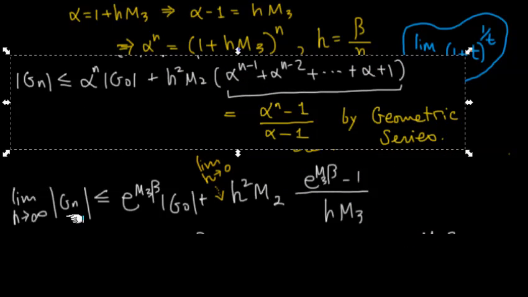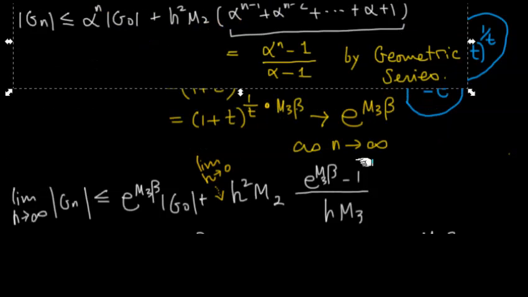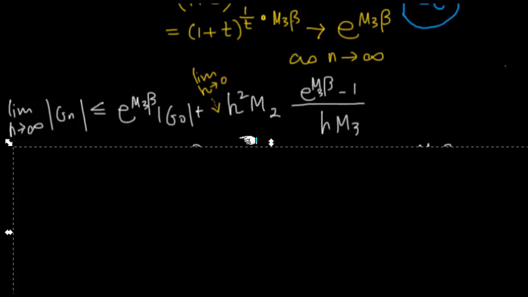So g_n: alpha to the n is replaced by that exponential value, and h squared m2, and alpha minus 1 is replaced by that h m3, it's down here, and alpha to the n is replaced by this exponential value again. So I shifted a little bit, and let me show you the next line.